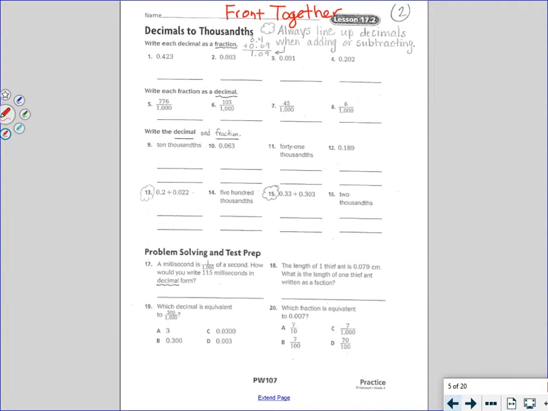All right, so this first one says, write each decimal as a fraction.